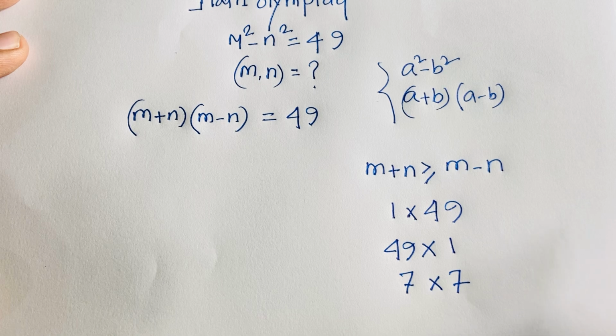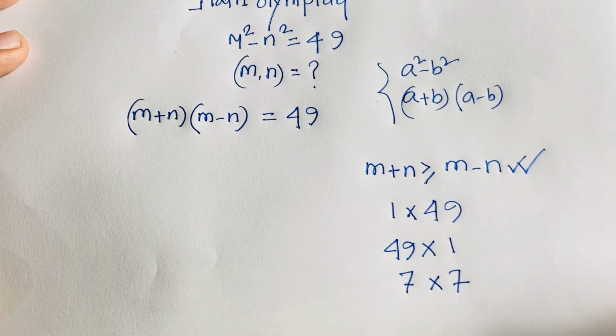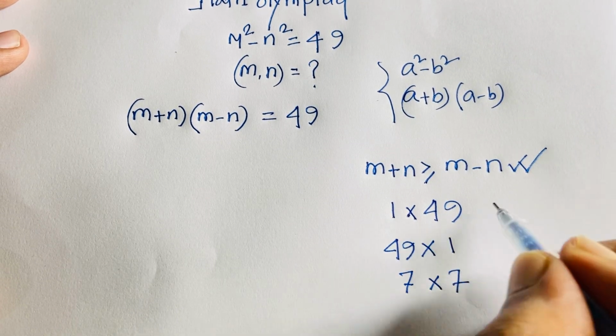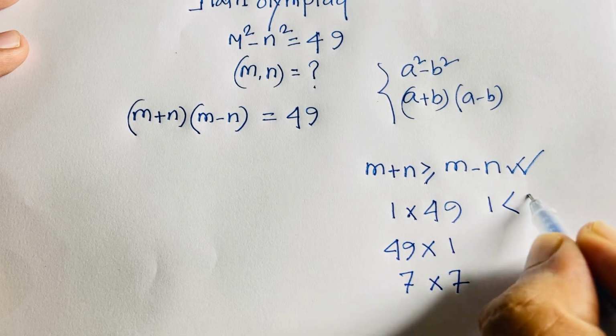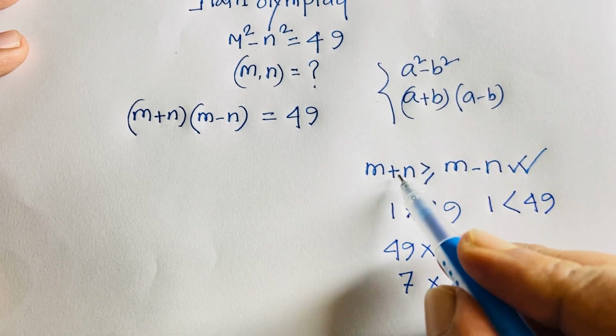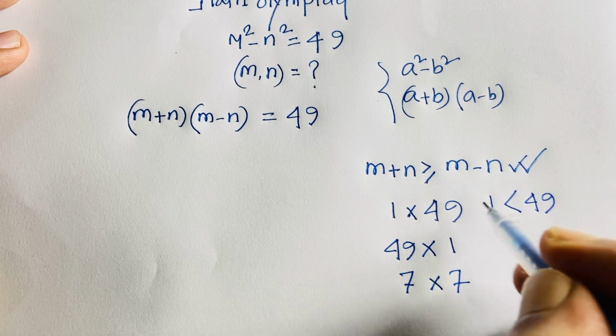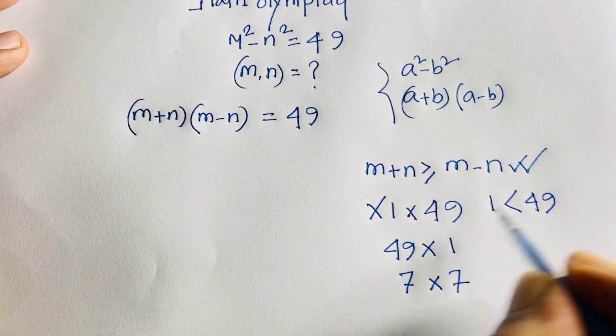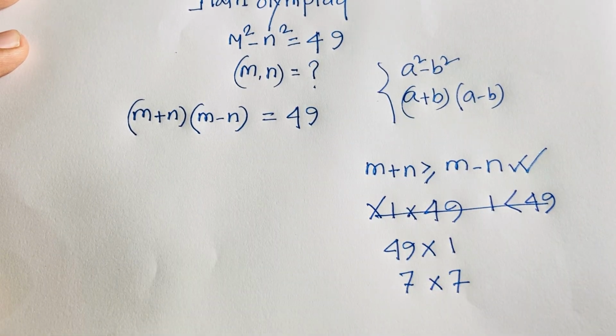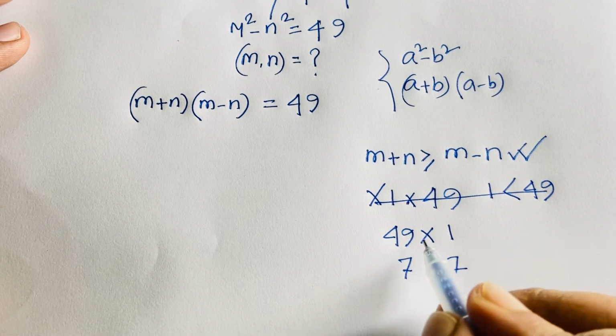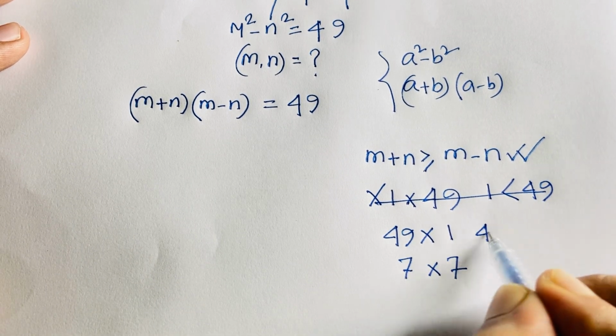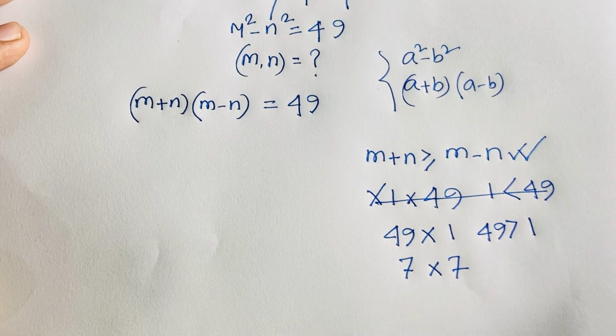But if I follow this condition, here is 1, and 1 is less than 49, but the first factor must be greater than or equal to the second, so I can't follow this value. I reject this value. But 49 times 1, so 49 is always greater than 1.